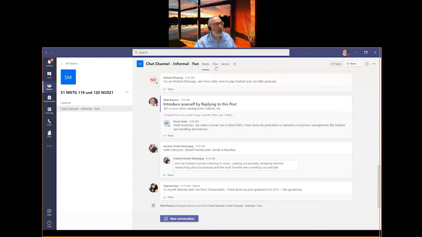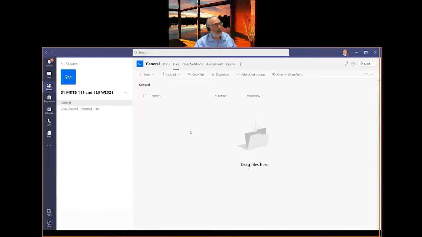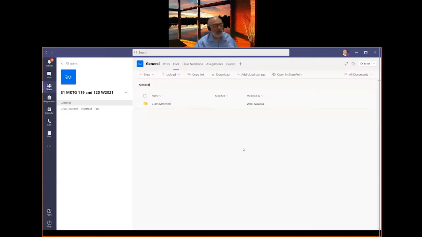I'm going to show you also a nice feature here, which is files. So if we go to the general file, I go here to files, right? You will find that we can add, for example, a folder. So I'm going to put a folder here, and I'm just going to say class names, just to show you the extent of it.